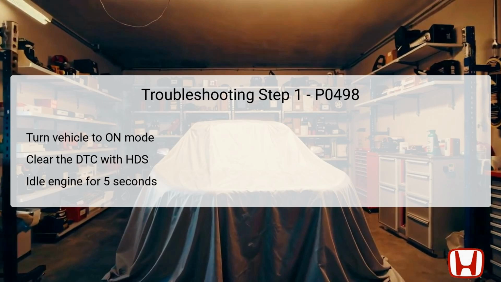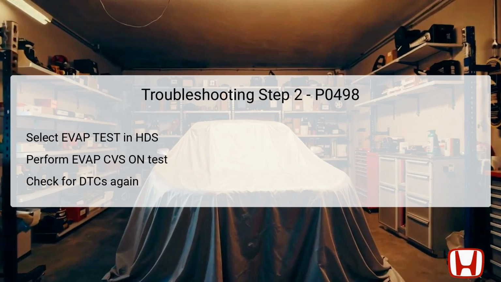In the second step, it is vital to verify the problem further using specialized testing through the HDS. Select the EVAP test function within the inspection menu on the HDS. This test enables targeted analysis of the EVAP system components. Execute the EVAP CVS on test in the single solenoid, which specifically checks the function of the canister vent shut valve.